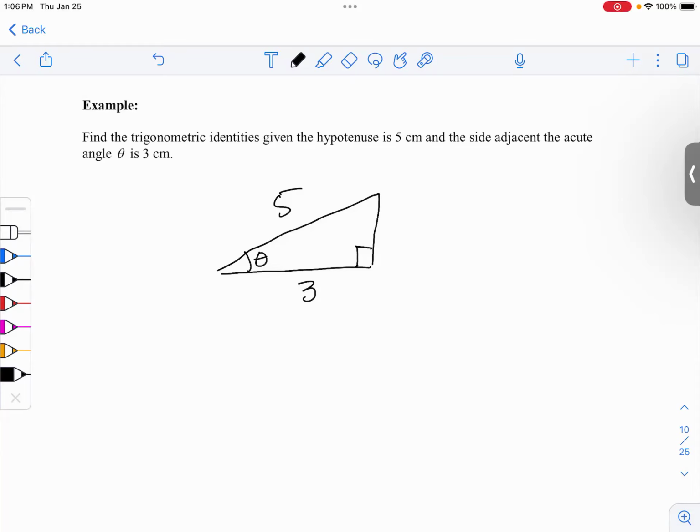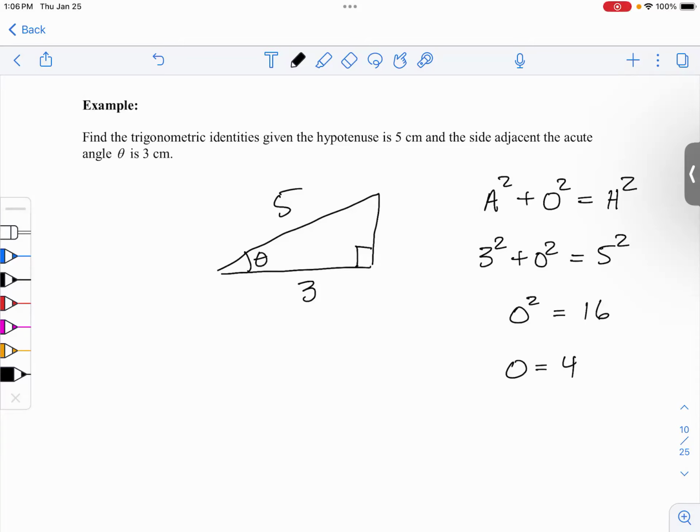But the good news is that with the Pythagorean theorem, I can find the missing side. And that means O, the opposite side, equals 4.